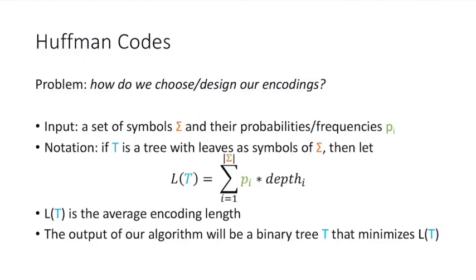Well, probably the next question on your mind is, how do we choose or design our encoding? Another way to think about that is, how do we come up with the tree? So here's our problem. We have an input set of symbols sigma and their probabilities or frequencies. Either will work, because as probabilities increase, so do frequencies. So what we want to say here is that if we have a tree T, you can compute the average number of bits needed for any symbol by taking the probability of that symbol and multiplying it by the depth of that symbol in the tree.